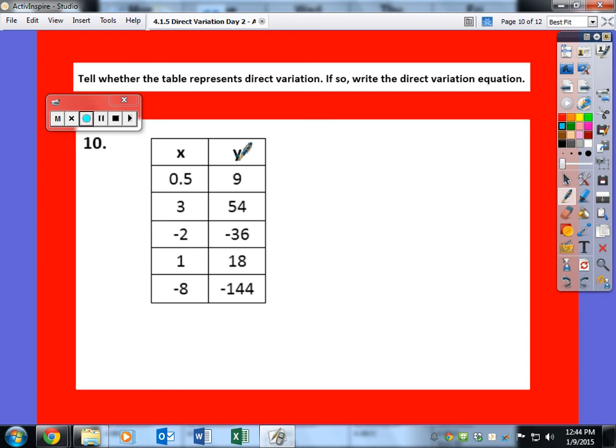What I did in class was I thought, okay, if I know that this is direct variation, which means I could write the equation like this, then I should be able to figure out what my constant is, what my slope is. All I would need to figure out my constant is to put a number in for x and a number in for y, so for instance 9 and 0.5.